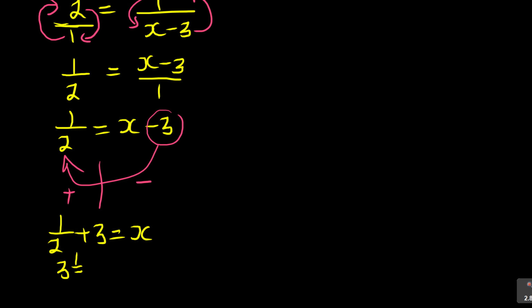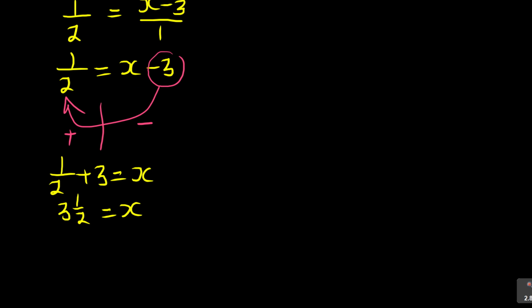You can use a calculator. So the answer, what is x? Therefore, you can say x is equal to 3.5, or you can write it as 3 times 2 is 6, which is 7 over 2, or you can write it as 3.5. It's up to you how you want to write it.